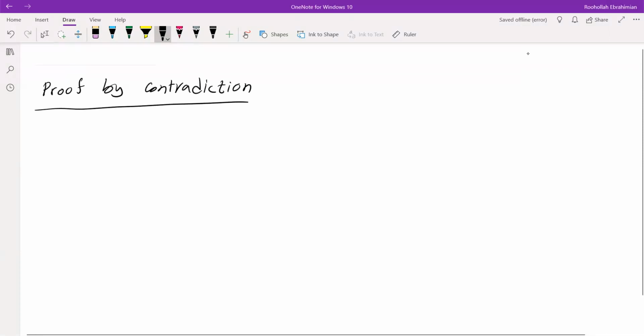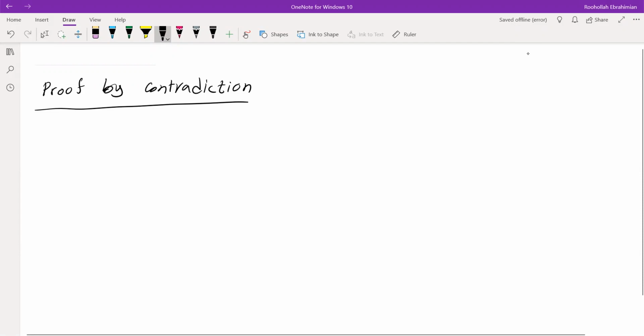Both of these two methods make a lot of sense. I want to show you two examples, one on proof by contradiction and one by proof by induction.